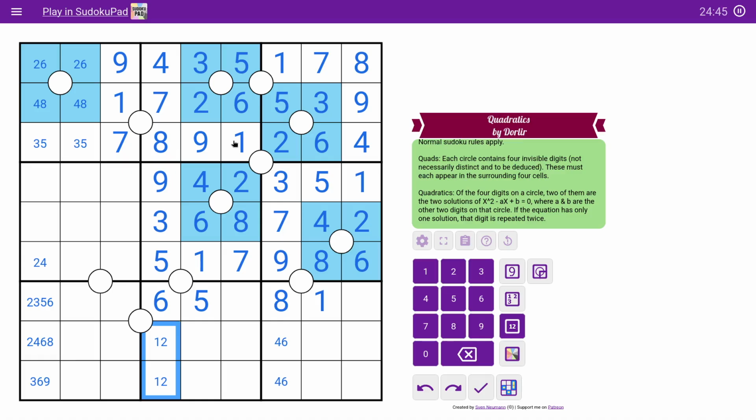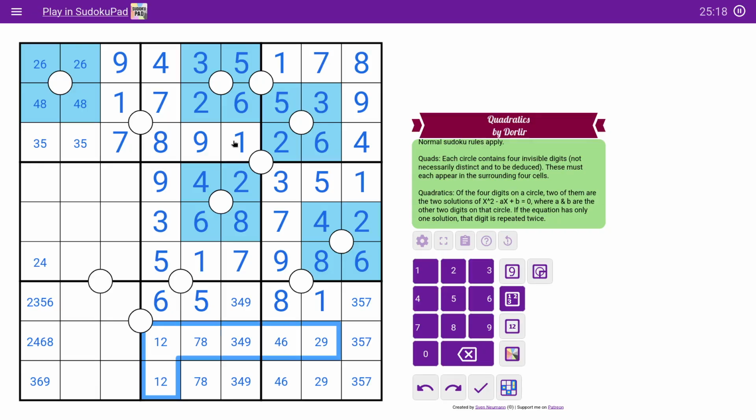Okay. Something felt suspect about that reasoning, but it's surely fine. 3, 4, 5, 6, 7, 8, and 9. 1, 2, 3, 4, 5, 6, 7, 8, and 9. 2s are down here, so one of these is a 2.